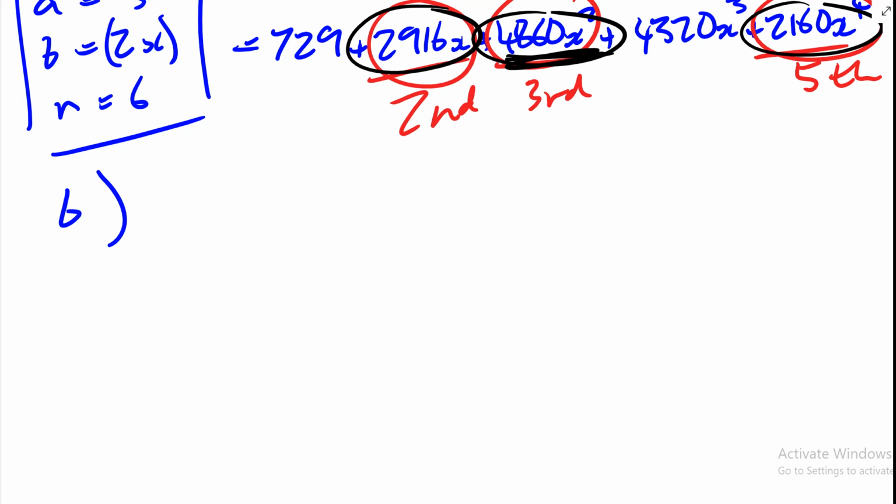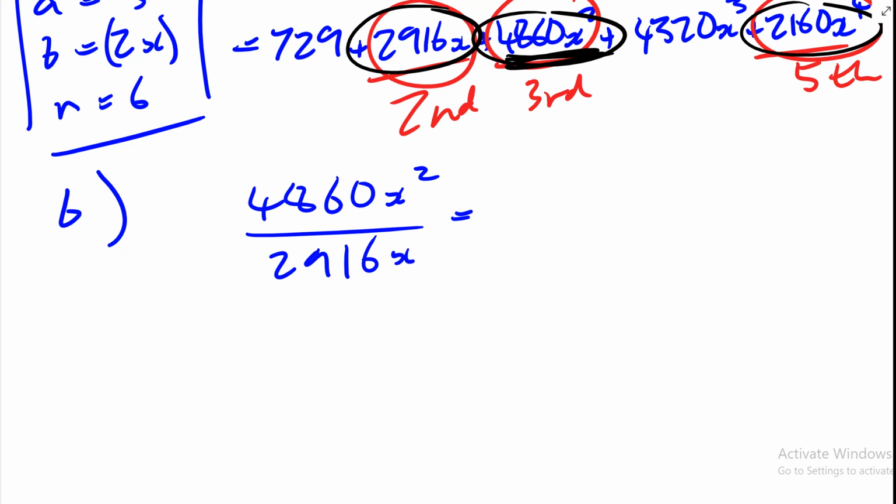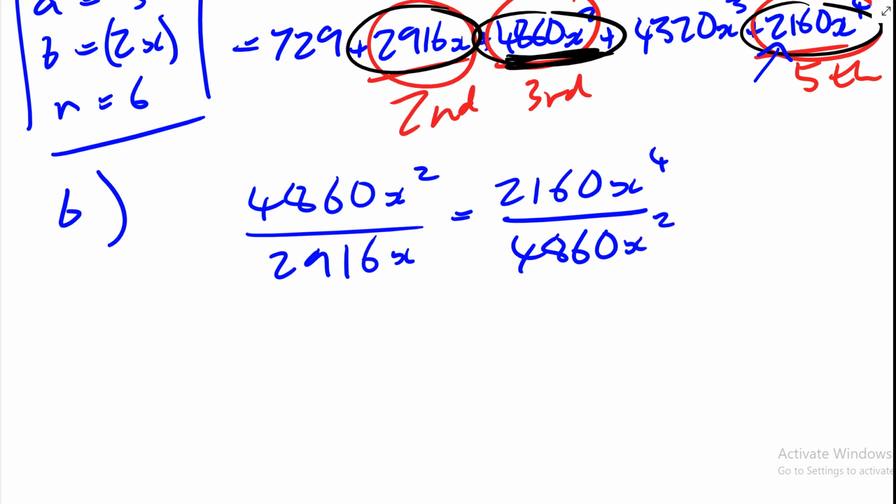So if these are the first 3 terms of a geometric series, we can say that 4860x squared divided by the term before it, 2916x, will equal this term, which would be the third term in the geometric series, 2160x to the power of 4 divided by the term before that, which would be 4860x squared.